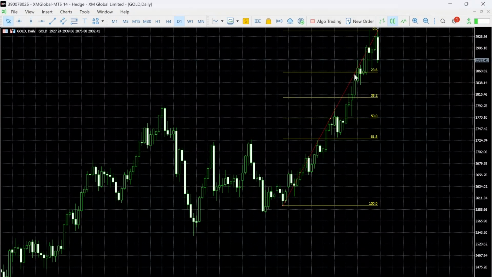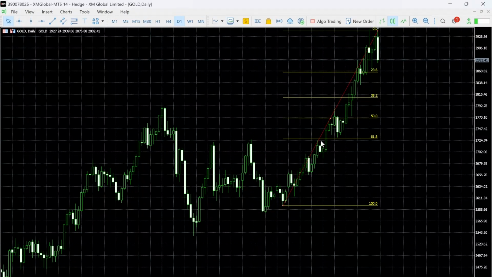So this 23.6, 38.2, 50, and 61.8, these are called the Fibonacci golden numbers. We are looking to buy on this level, on this level, on this level, and on this level.